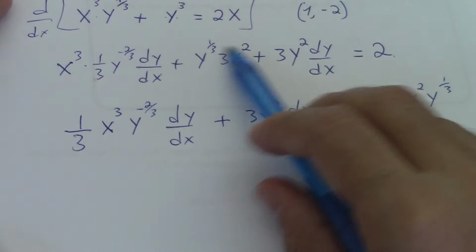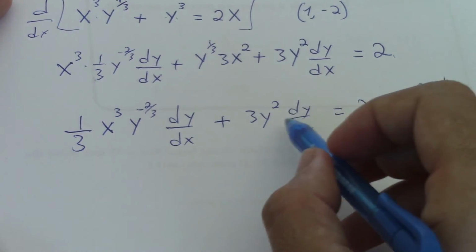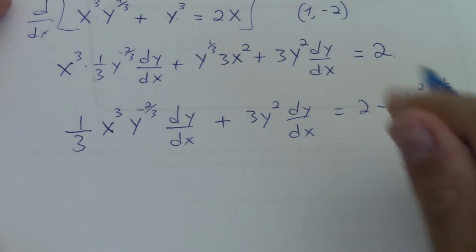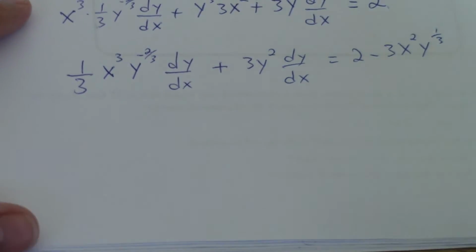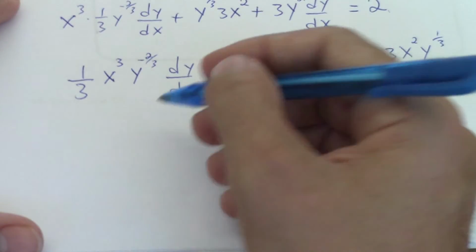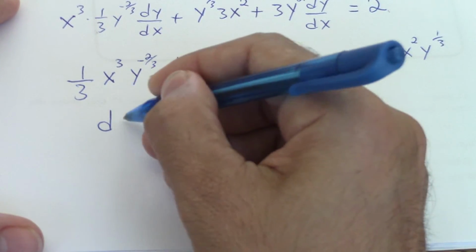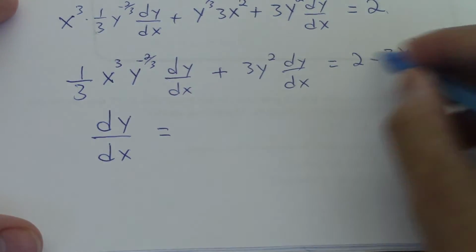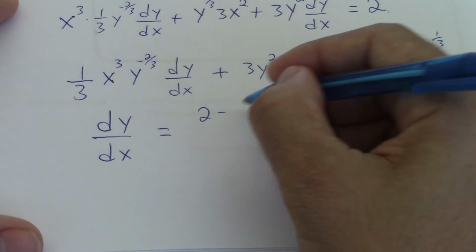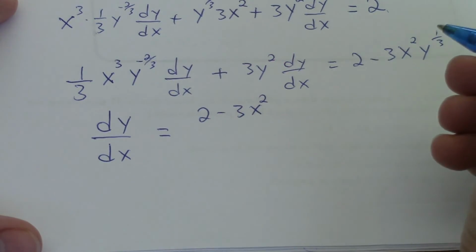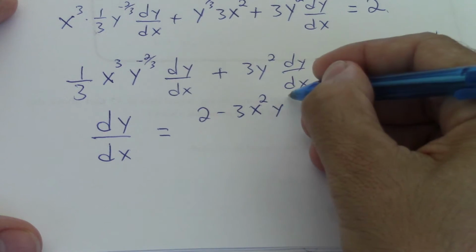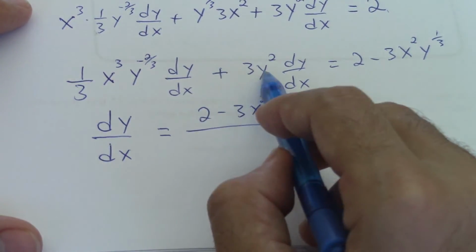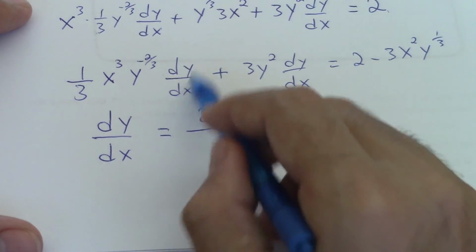Okay, so this one moves here. Now we're going to factor dy/dx, and at the same time we're going to pass this to the bottom to do it in 2 steps in one. That's algebra, so you won't have any problem understanding the 2 steps. So dy/dx will be equal to 2 minus 3x squared y to the 1/3 divided by this plus this, on the bottom, because we factor dy/dx.